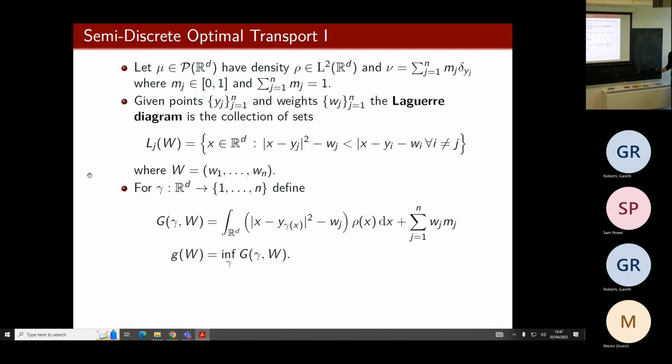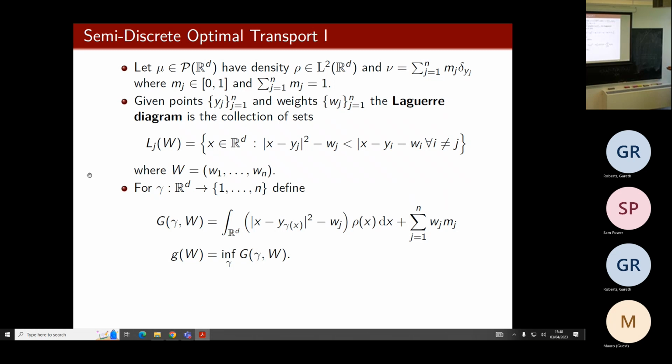Okay, so I also want to define this function g. I take a gamma, which is essentially just going to partition my space Rd. For every point in Rd, I give it a number from 1 up to n. Then I define my capital G, which depends on my partitioning gamma and my weight w.